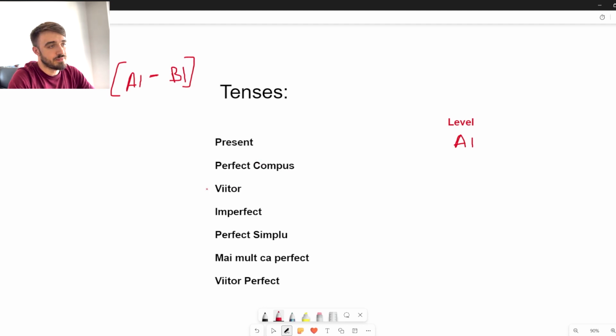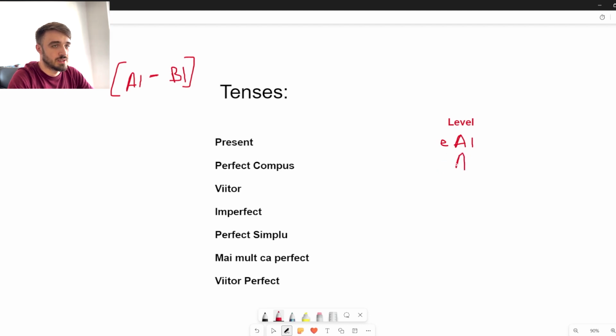Then you have perfect compus and viitor, which I would say are the second and third tenses. Right after you finish with present tense, you should really get into perfect compus and viitor. If present is early A1, then perfect compus and viitor should be just the next thing.